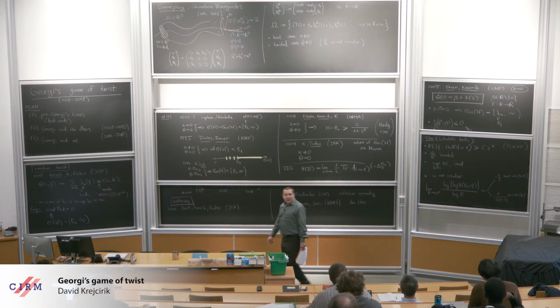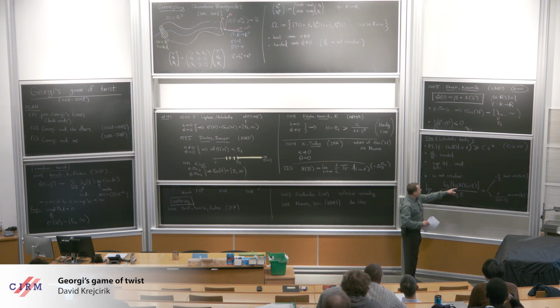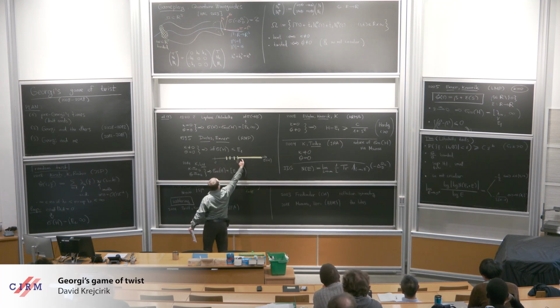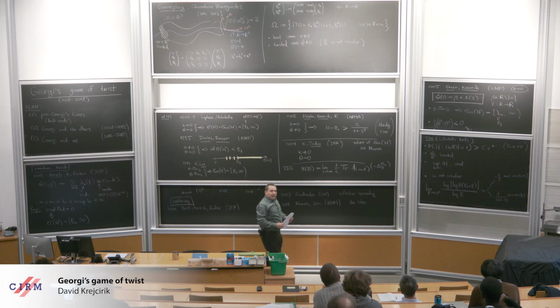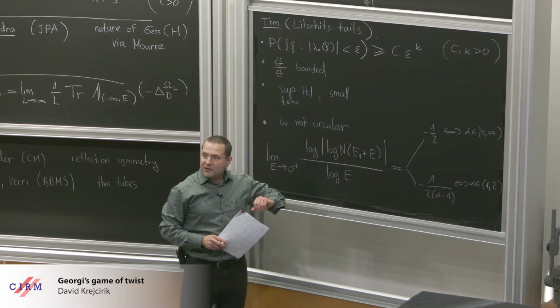So you get a very fast localization. If E goes to E1, you get some exponential decay.